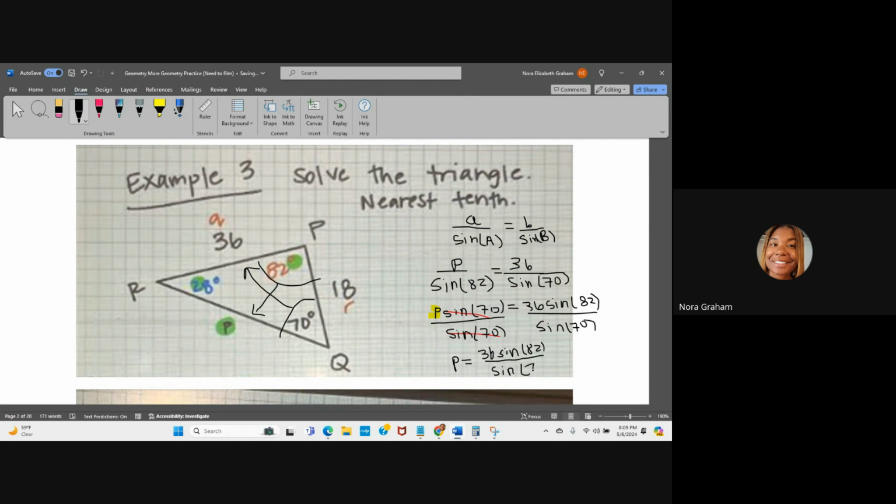Now from here, it just turns into calculator work, what we were doing before. Again, if you want to see calculator work, ask me for another video. I have no problem doing calculator work on the other video. But the answer for this one is that our variable p is going to be equal to 37.94.